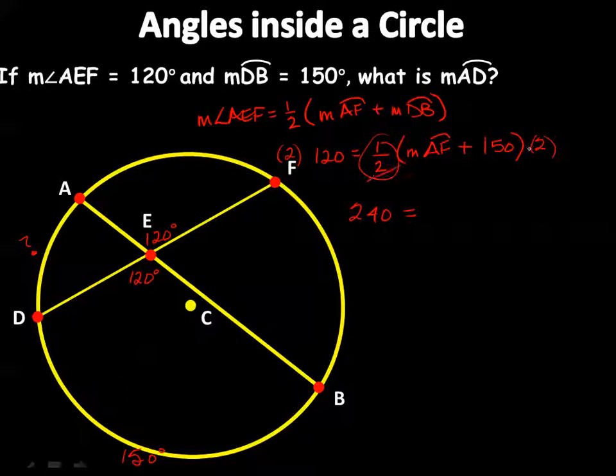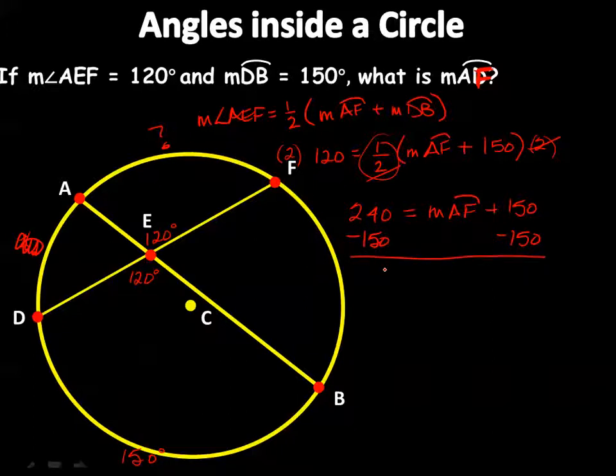And then these 2's reduce to 1. So I'm going to be left with the measure of arc AF plus 150. And I believe this is supposed to be an F up here. That's not supposed to be AD. So we're wanting to know the measure of this arc, not that one over there. Okay, so now I'm going to subtract 150 from both sides. That's going to give me 90 equals the measure of arc AF.